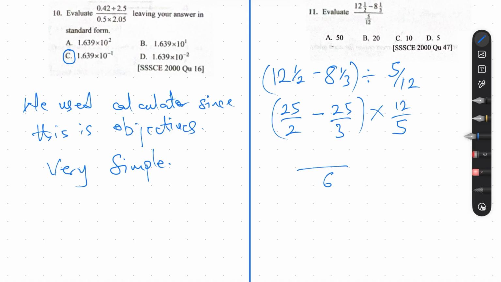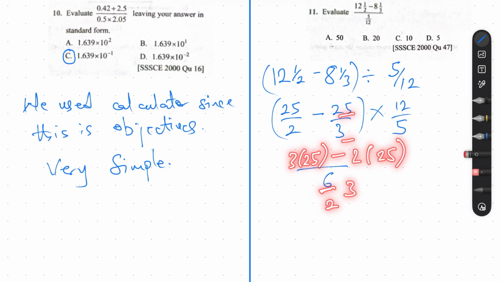How do we go about it? What we do is 2 goes into 6 3 times, and then 3 multiplies 25, and then 3 goes into 6 twice, and then 2 multiplies 25, right? That's what you're going to do. So we're going to have 2 into 6 is 3 times, so 3 by 25, then minus 3 into 6 is 2 times, so 2 times this 25 here.